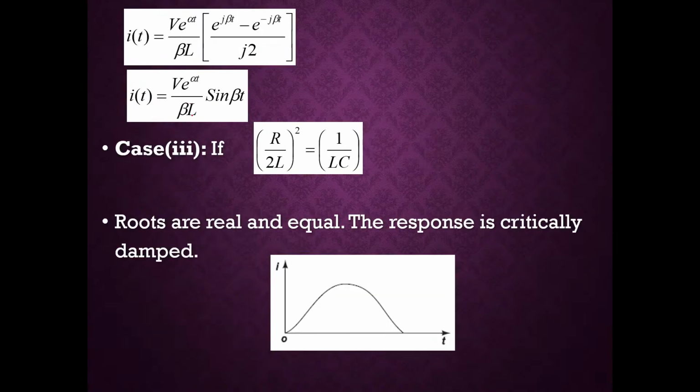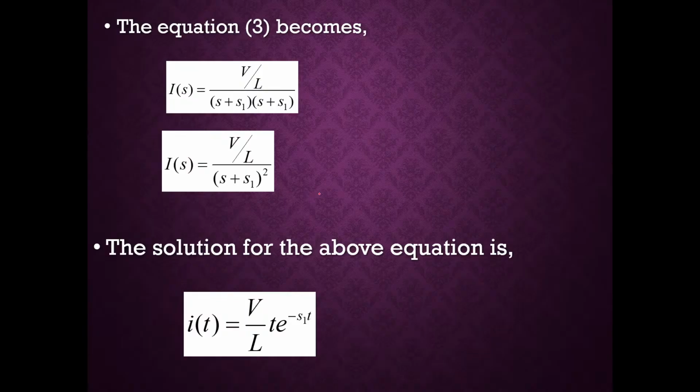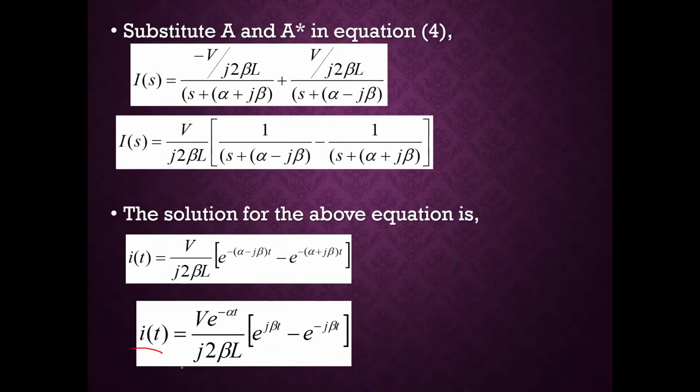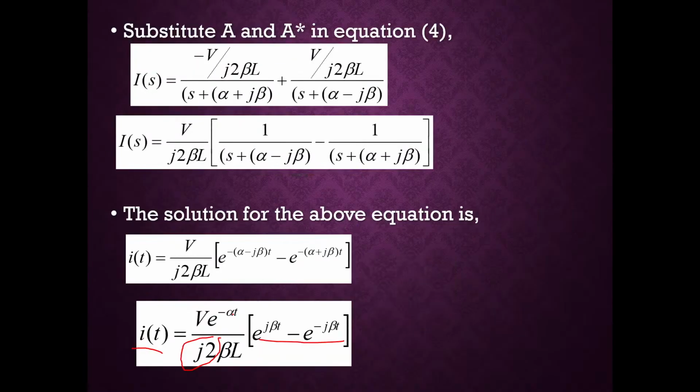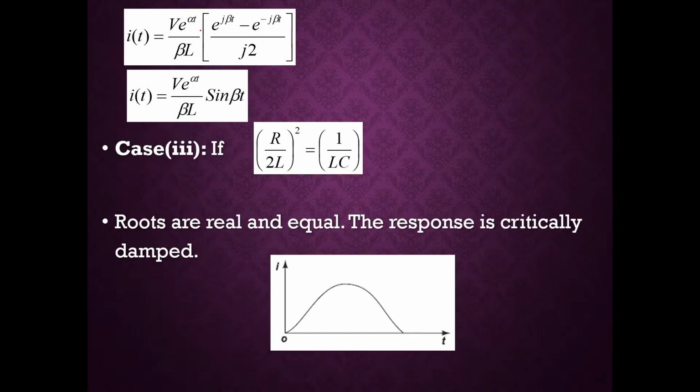So I have removed the j value and rearranged. I have sent the 2j inside the bracket, so my expression has changed here. E power is it minus alpha or plus alpha? Minus alpha. So here I think I forgot to write the minus alpha.